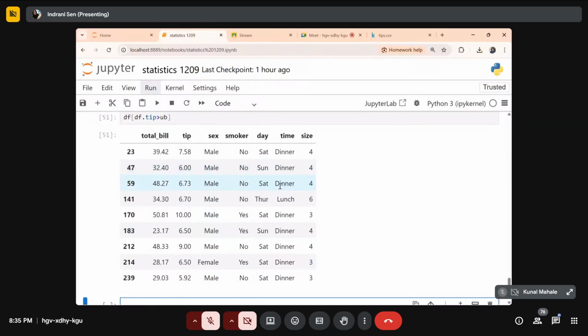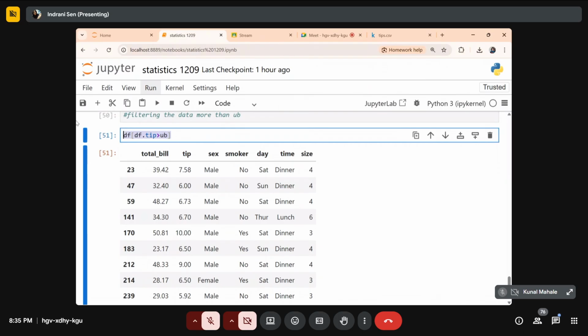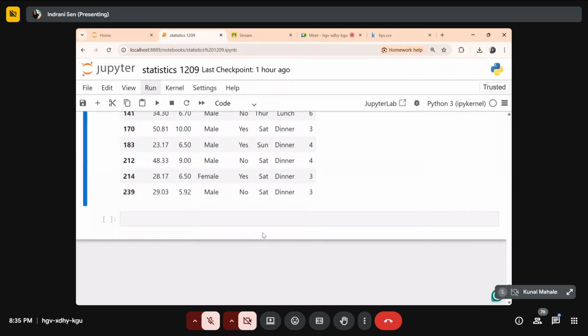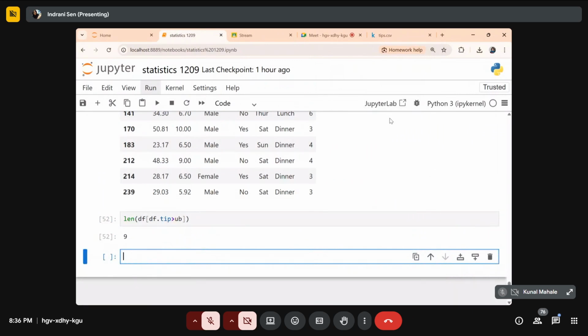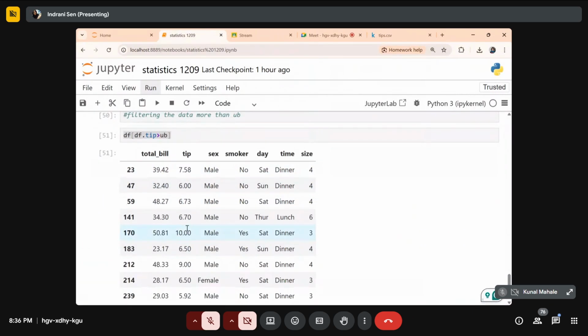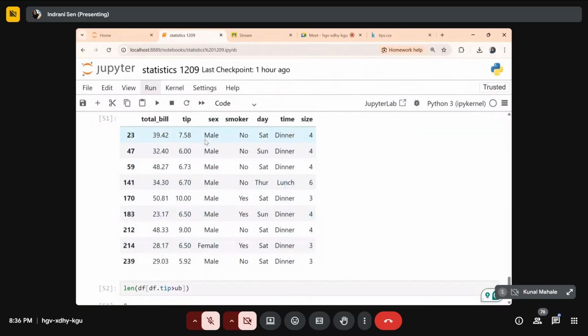You can see these are the people who are outliers. How many are there? Nine records are there who have given extremely high tips, around more than $7.